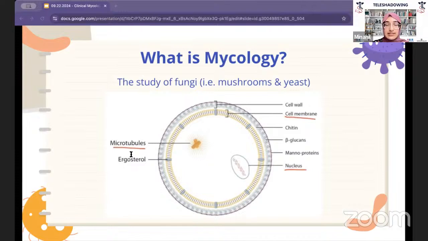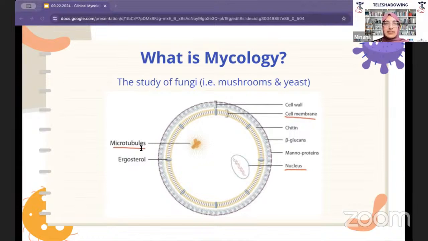But they also have key differences, like ergosterol in their cell membrane, similar to cholesterol in human cells. And this molecule, ergosterol, is targeted by antifungals like nystatin or amphotericin B.